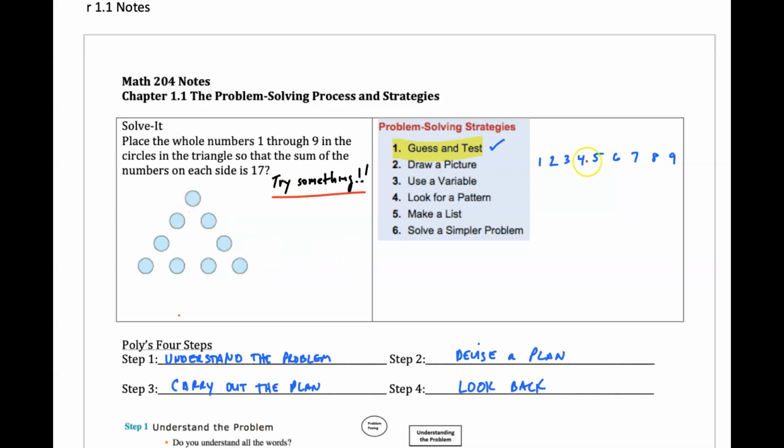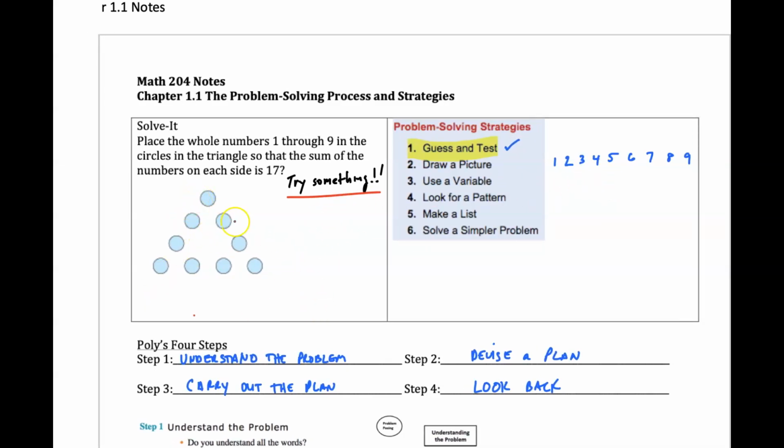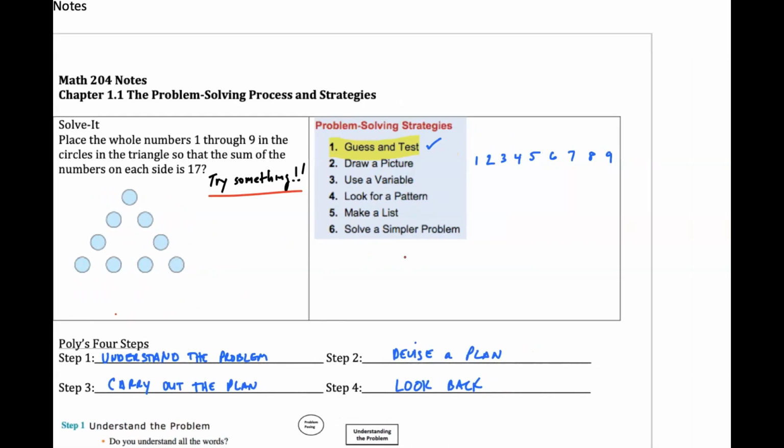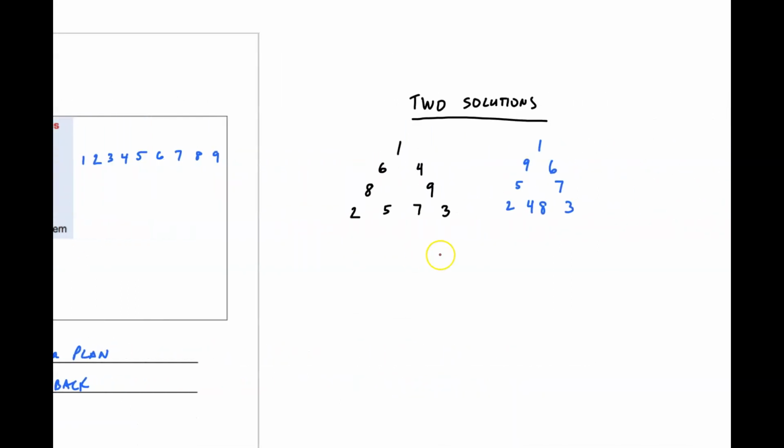As you do that, again, no guess is bad. Just start putting numbers in there. Put your numbers from 1 through 9 into each of those locations and see what you get. After you experiment with that, you could pause if you don't want to see the answer. Otherwise, when you finish this up, there are two possible solutions. You have this solution here and then this solution here.